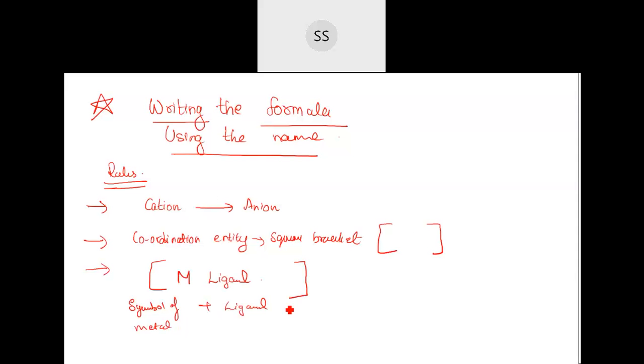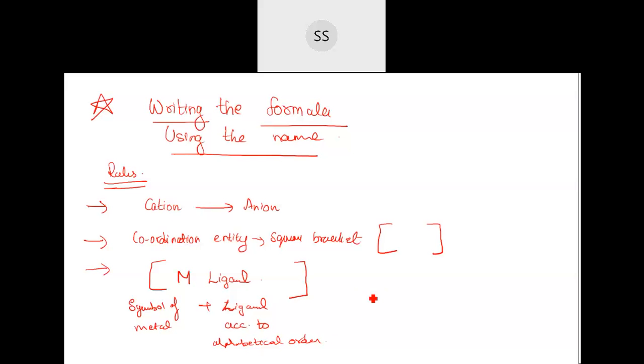Now if there are many ligands, you arrange them according to their alphabetical order. So here the ligands have to be written according to alphabetical order. Okay, done.